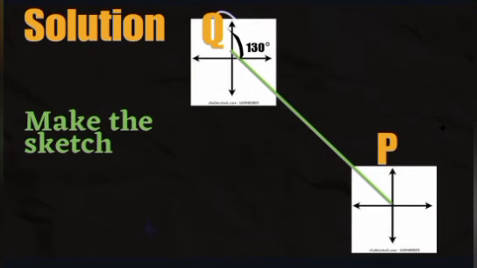Our sketch will look like this. We are told that the bearing of P from Q, that is, the angle is on Q. That is why we say from Q. So P from Q, we have 130 degrees. And the question is, what is the bearing of Q from P? So to solve it, we are expected to focus on P this time around.